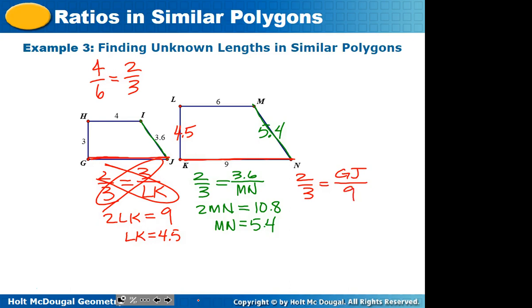If you notice in this process, everything from the left shape is going on the top, and everything from the right shape is going on the bottom. Again, we're going to cross multiply. 3GJ equals 2 times 9, so 3GJ equals 18. And 3 goes into 18 6 times, so GJ is equal to 6. That was this measure over here, 6.